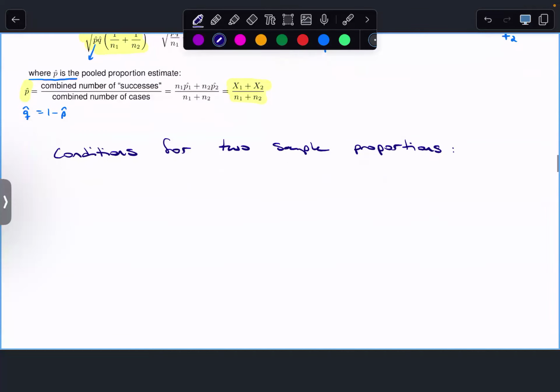And so I use two subgroups for my conditions. I've got the independence condition, and these conditions are outlined later in the slides, but I want to throw them out there so that we can scroll through it relatively quickly later. Get it over with, so to speak.